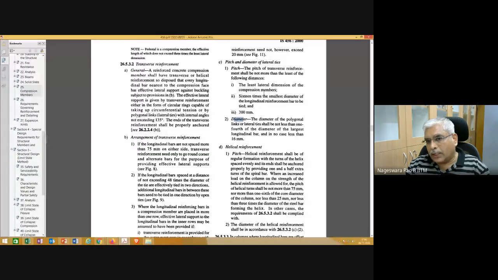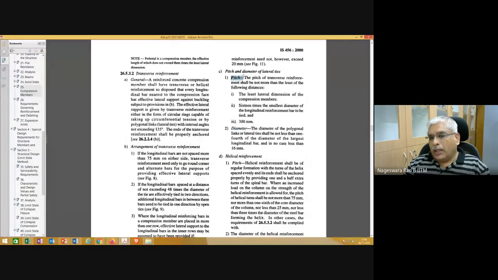So those kind of stirrups you can have, and usually they are referred to as ties when you talk about columns. Those stirrups are referred to as ties in the lateral direction. Okay, lateral ties or polygonal links, depending on the shape of the cross section of the column. So this is nothing but transverse reinforcement.